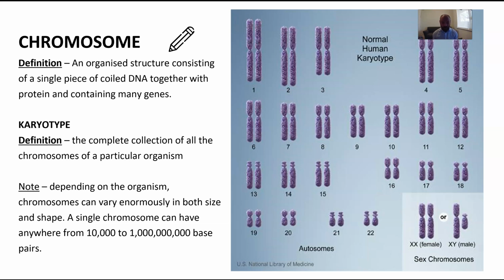So this is the human karyotype. And an important note for you there is that organisms can have a large variety of sizes and genes on chromosomes. A chromosome could have from 10,000 up to 1 billion base pairs on a single chromosome.